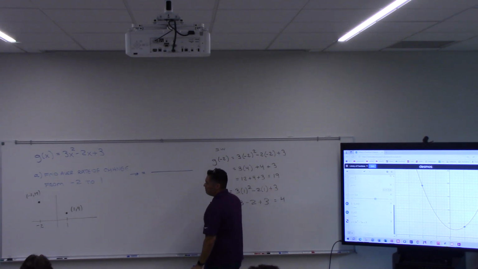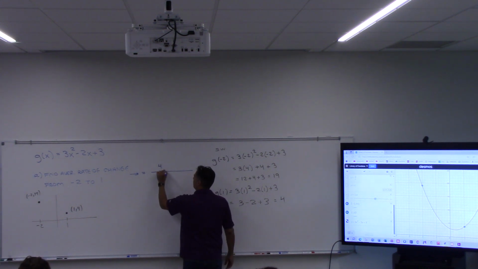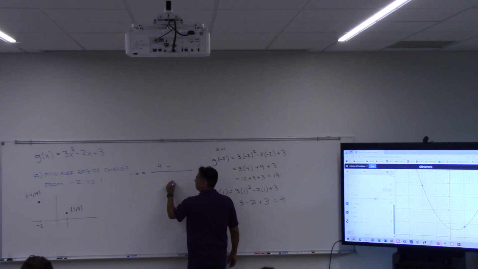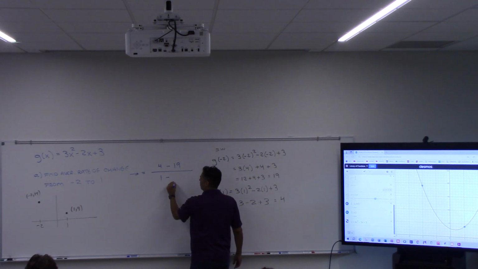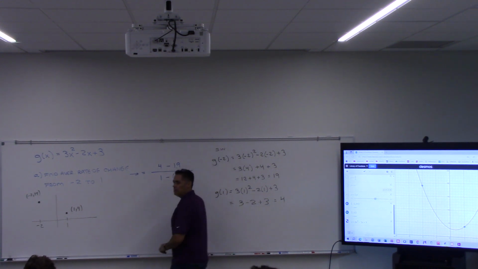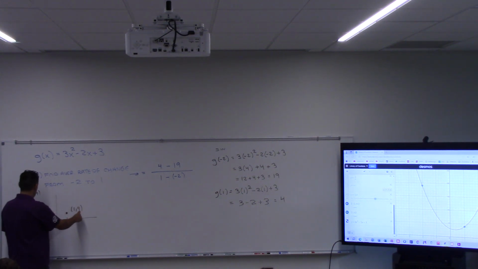Okay, so what's f of b for us? f of b would be 4. Take away 19, over 1 take away negative 2. Okay, good. So that is our average rate of change, f of b minus f of a.